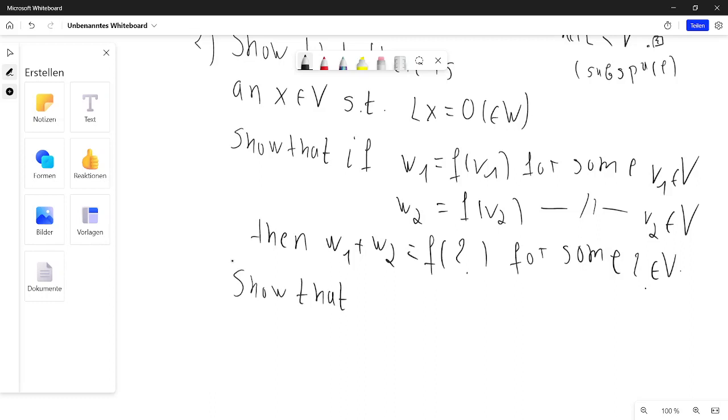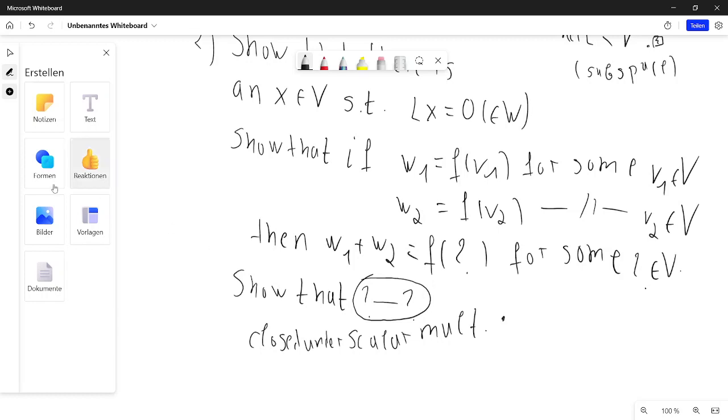This I want to spell out: you should understand what that is, but what you have to show here you have to find out yourself.